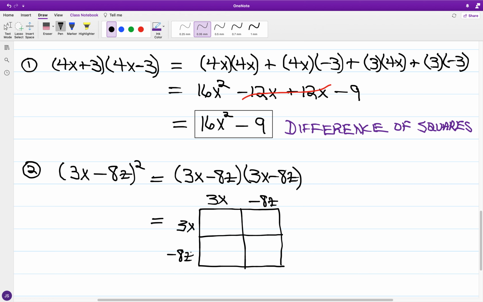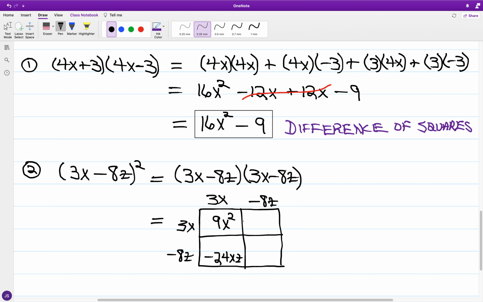And looking at the items column by column, first of all, we have 3x times 3x, so you have 9x squared. Then next, we have 3x times negative 8z, so we're going to have negative 24xz.